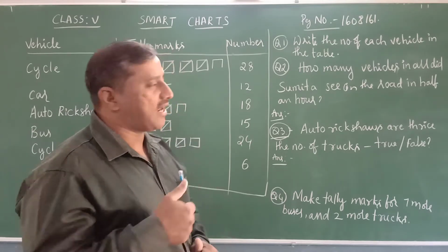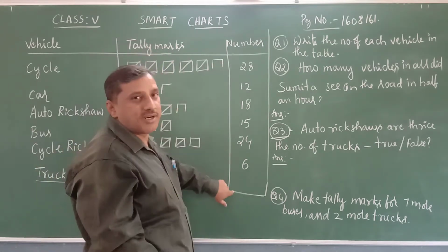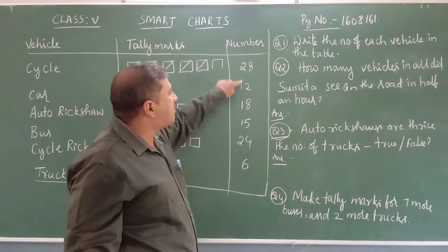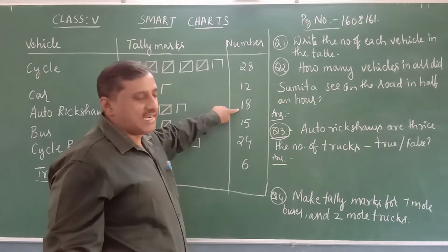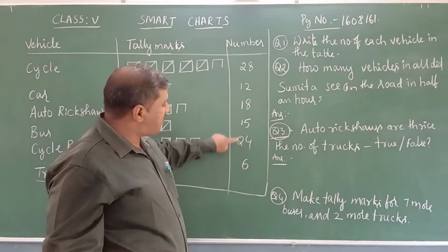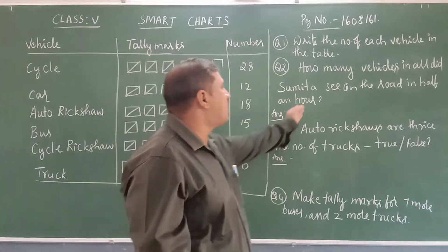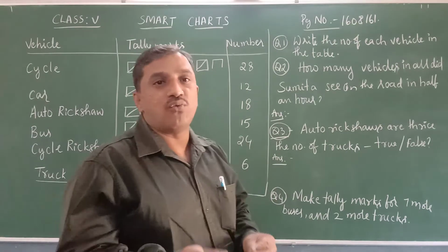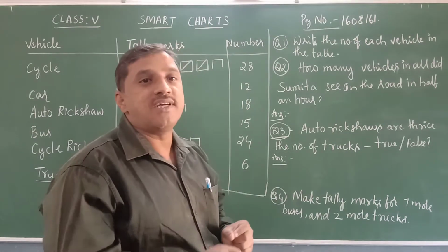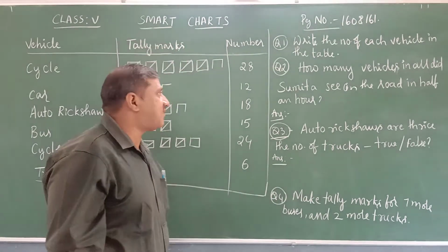Yes, exactly, we have to add all these numbers: 28 plus 12 plus 18 plus 15 plus 24 plus 6. That will give you the total number of vehicles Sumita observed on the road in half an hour.